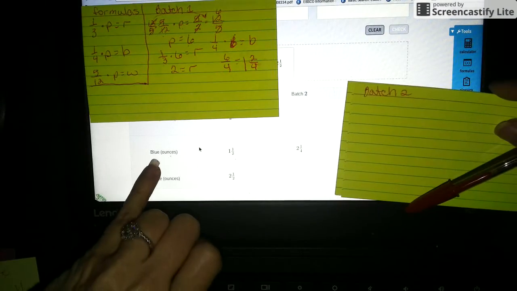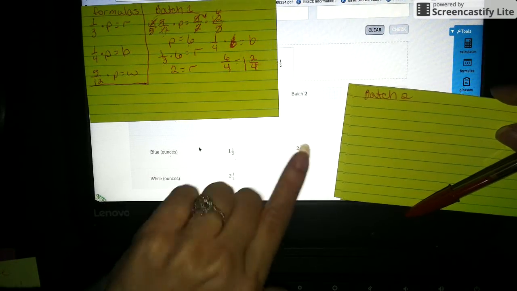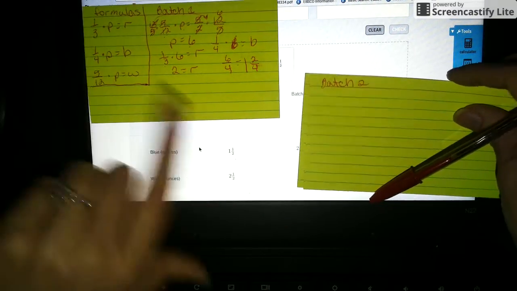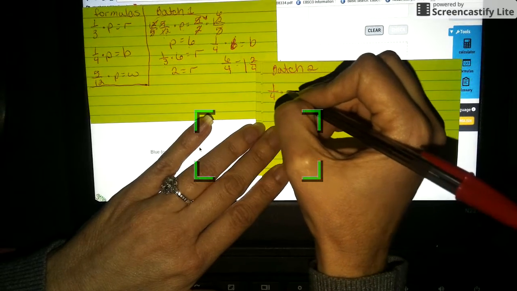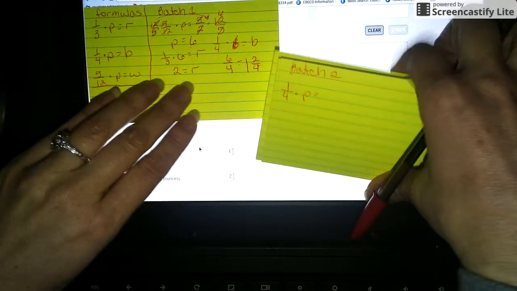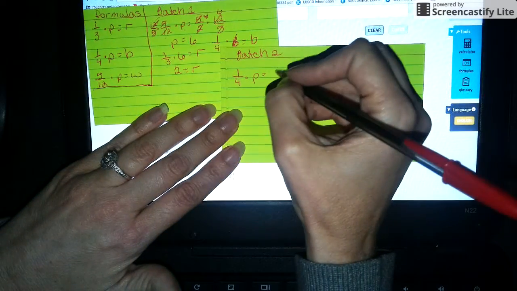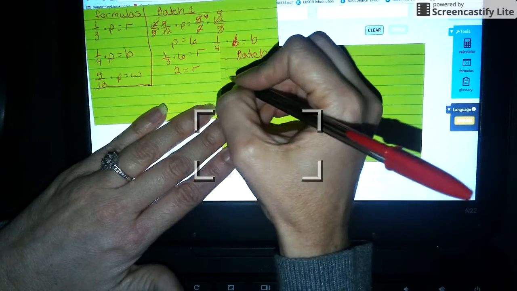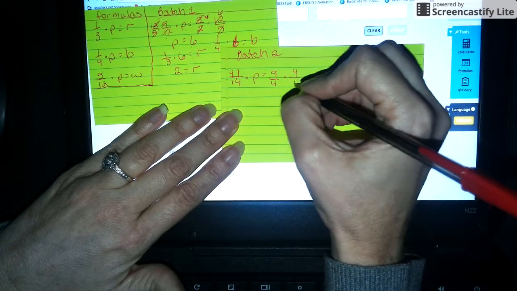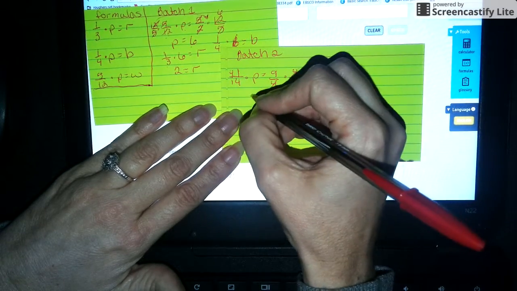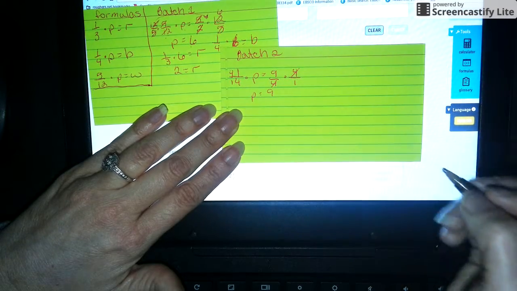So I'm going to use the blue one because that's the information it gave me. So the blue formula is 1/4 of the paint is 9/4. Multiply by the reciprocal. Do the same thing over here. My 4's will cancel out, so I made 9 ounces of paint.